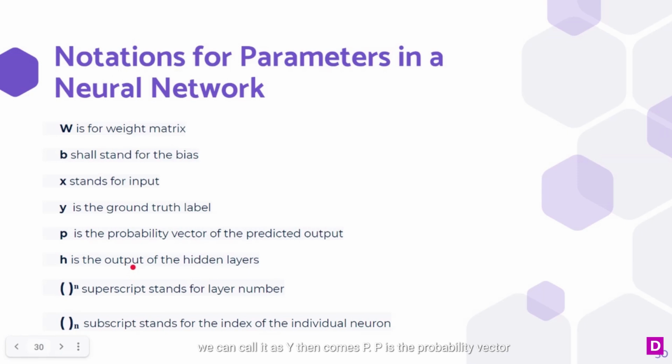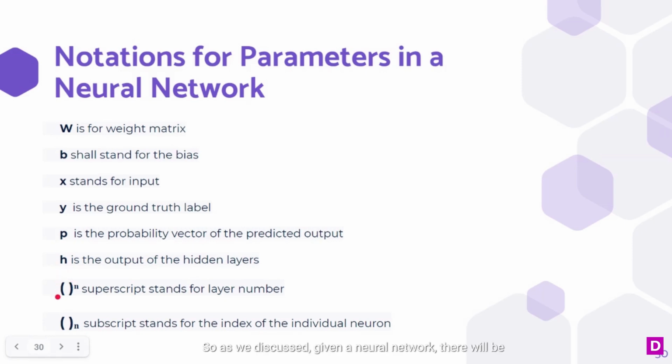Then comes P. P is the probability vector of the predicted output. In other words, it represents the probabilities coming out from the neural network, the output probabilities post activation. In a classification problem, we will be predicting the probabilities of the input signal belonging to each and every class, and those probabilities will be represented by P. Last but not the least, that is H, the output of the hidden layers.